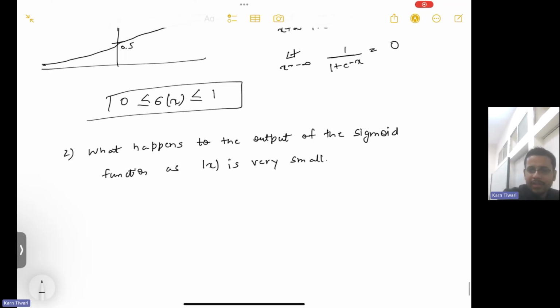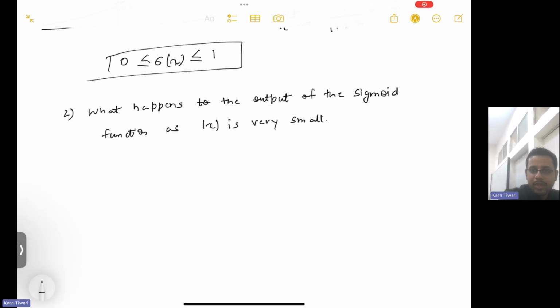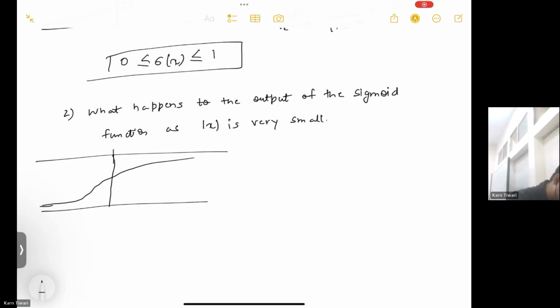So it is based on the previous question as well. There is a connection between these two. So what is it? The function, you know, was something like this.